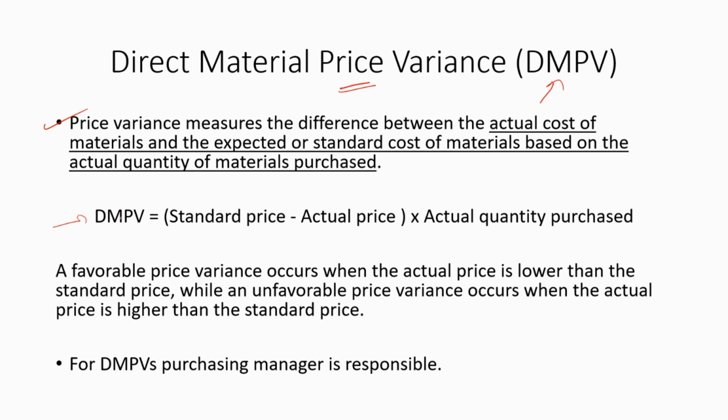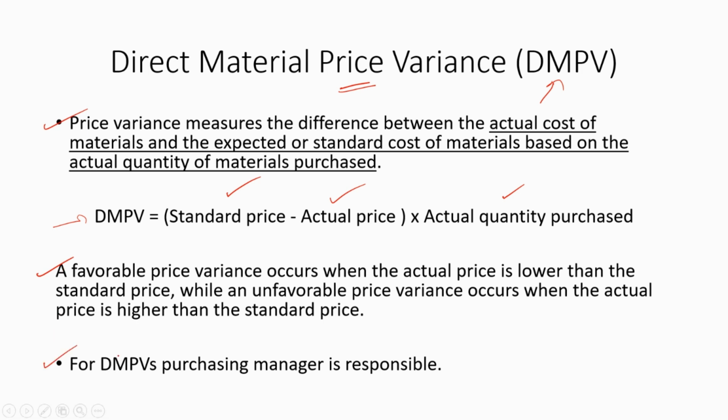This is the equation we can use to calculate the direct material price variance, which is equal to the difference between standard price and the actual price multiplied by the actual quantity purchased. A favorable price variance occurs when the actual price is lower than the standard price, while an unfavorable price variance occurs when the actual price is higher than the standard price.